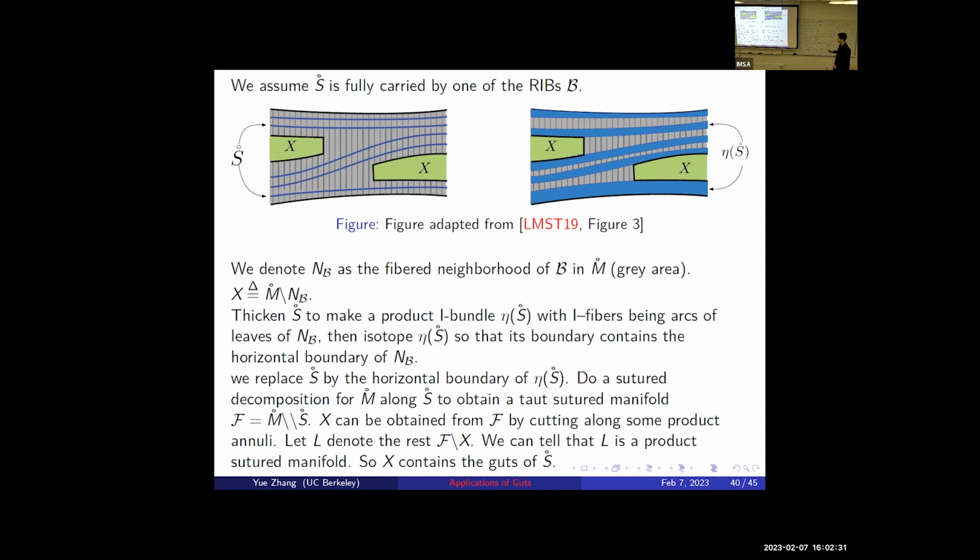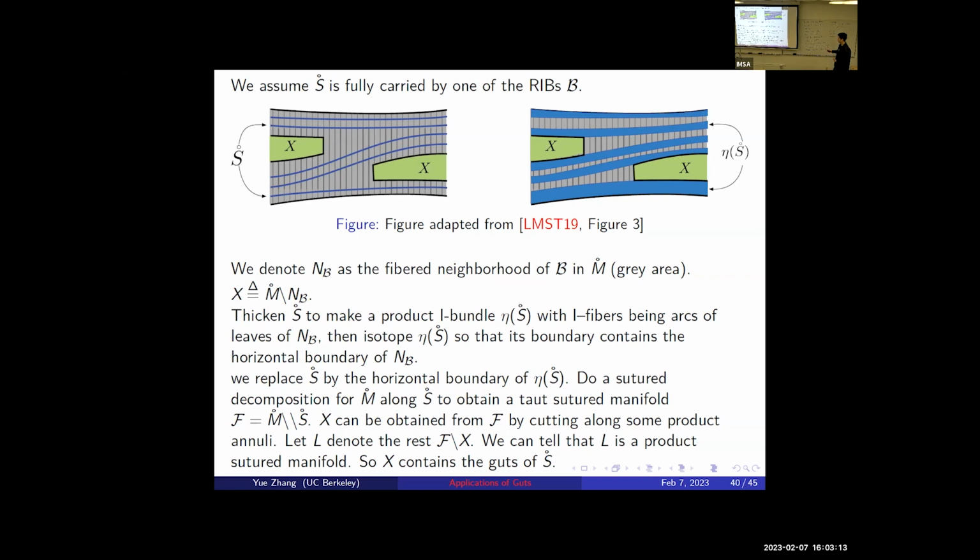And then you can do a sutured decomposition for M along S circle, and you can obtain a taut sutured manifold, which is F. Then you can see that X can actually be obtained from F by cutting along some product lines, right? These vertical lines here are product lines, and if you cut F along these vertical lines, you get X, the gray area, and also the blue area.